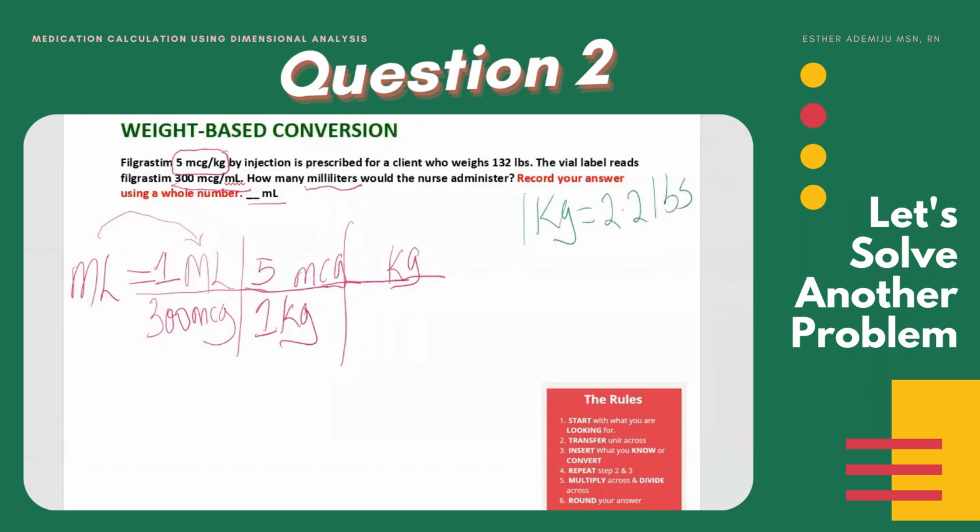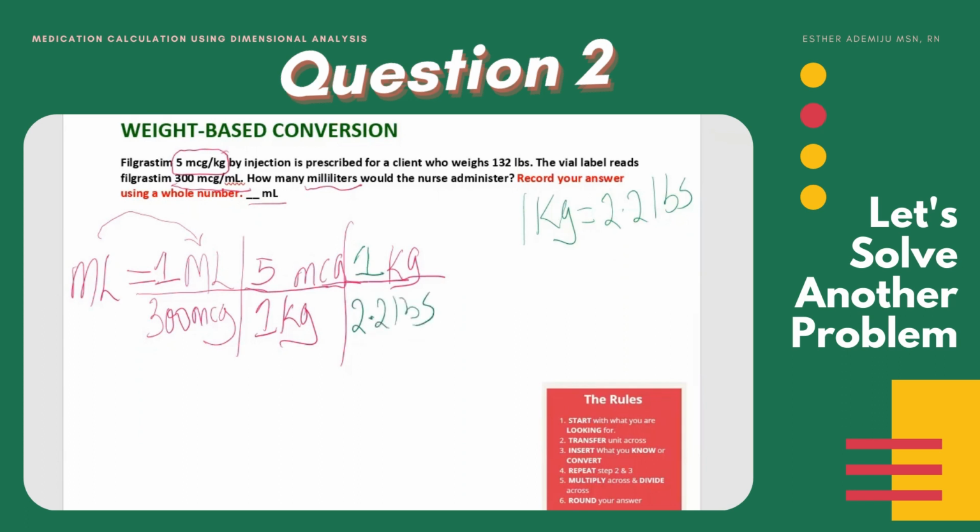So that's our magic conversion that we're going to insert into this box right there. 1 kilogram equals 2.2 pounds.